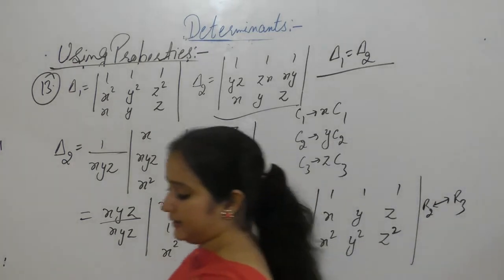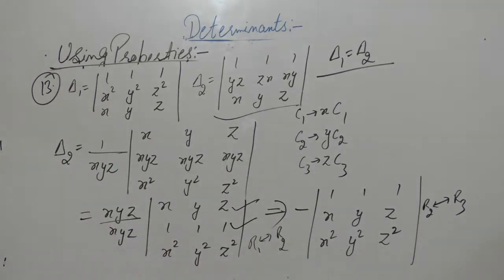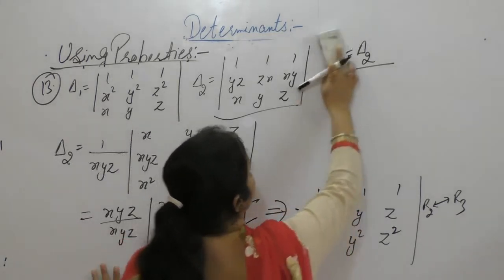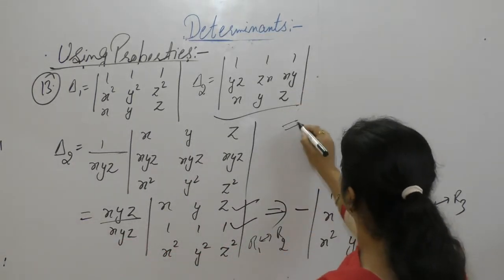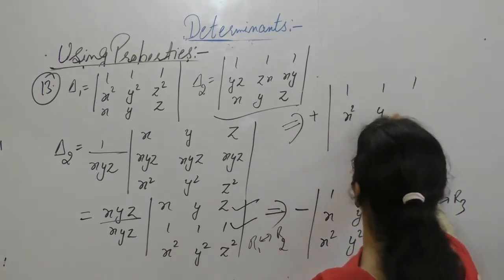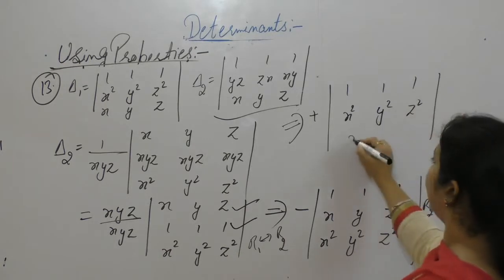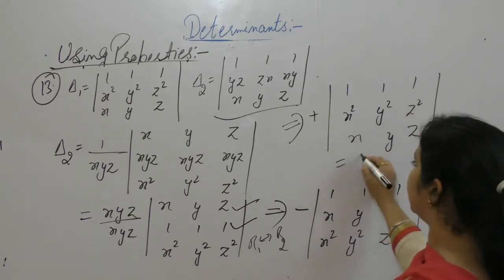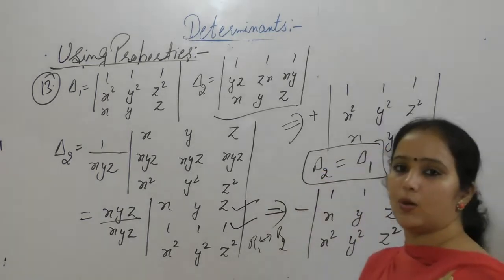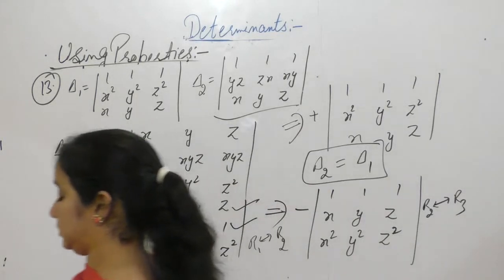When we are again interchanging two rows or columns, then again a negative sign. So minus minus plus. So it becomes 1, 1, 1, x square, y square, z square, x, y, z, that is delta 1. So delta 2 is equal to delta 1. Note it down.